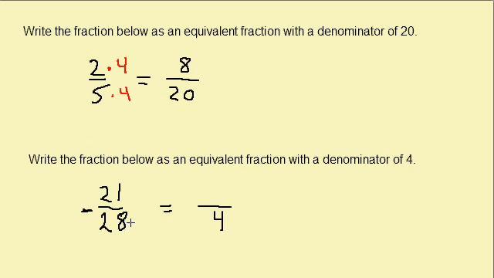So let's divide 28 by 7. And since we divided the denominator by 7, we have to also divide the numerator by 7. And that would leave us with 3. And we notice it's a negative, so we have to keep the negative sign. And here's your answer. And that's it.